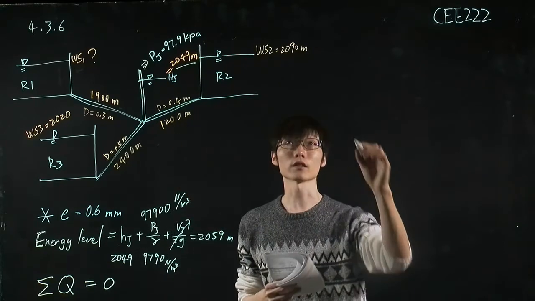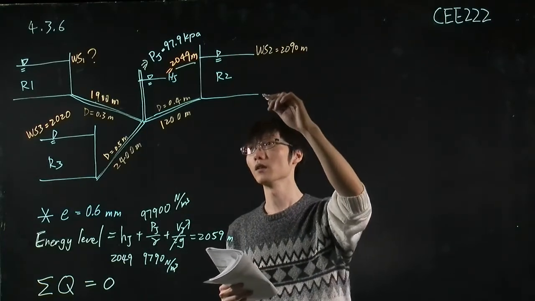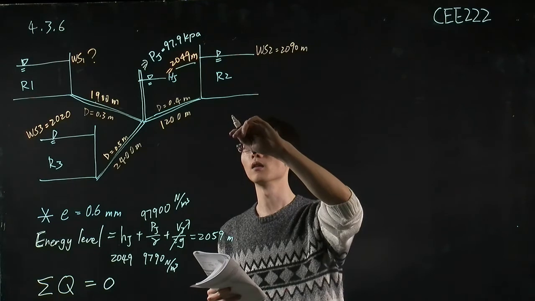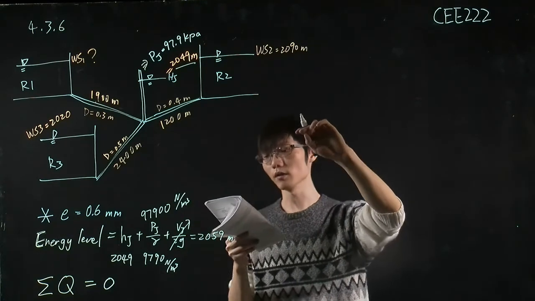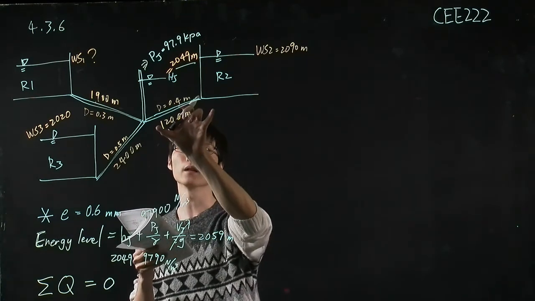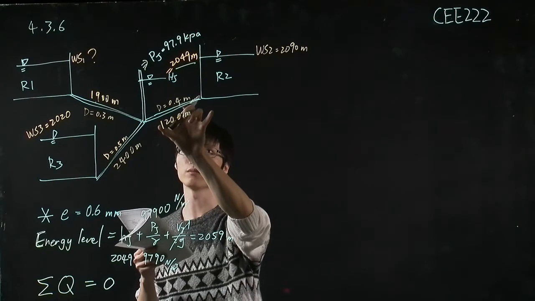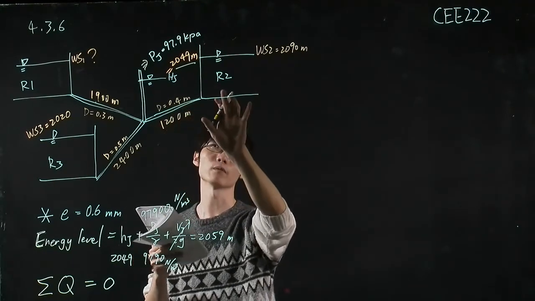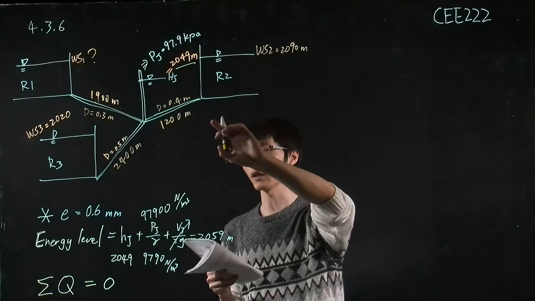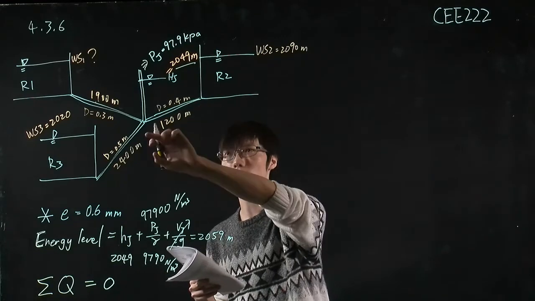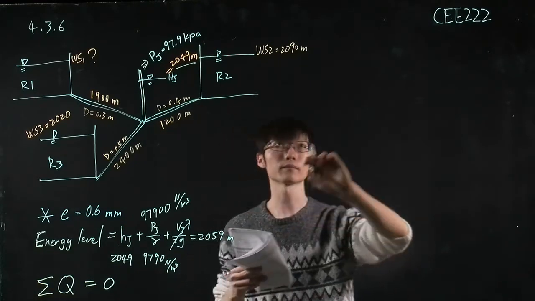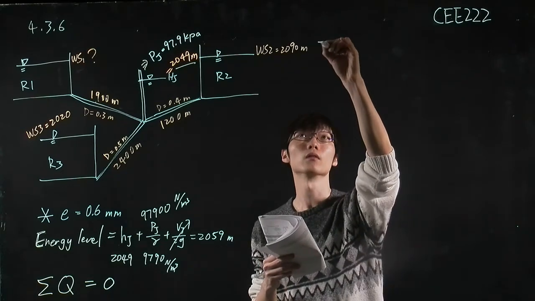Okay, so let's start with reservoir 2, because we know almost all the information to calculate the flow rate in this pipeline.